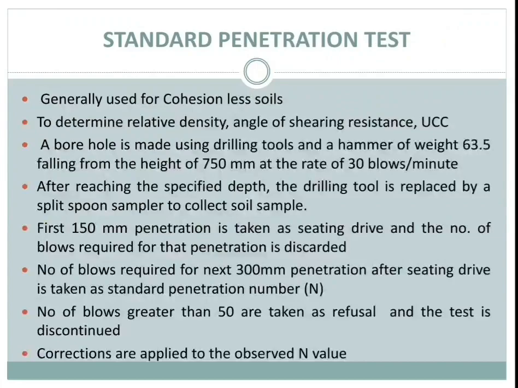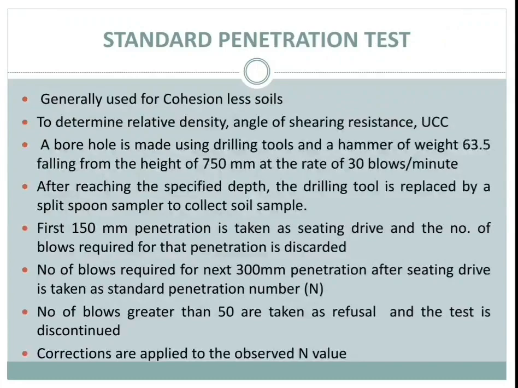Standard penetration test is performed in a clean hole. The diameter may be 15 to 150 mm. A casing or drilling mud is used to support the sides of the hole. Standard penetration test is normally used for cohesionless soil to determine relative density and angle of shear resistance.